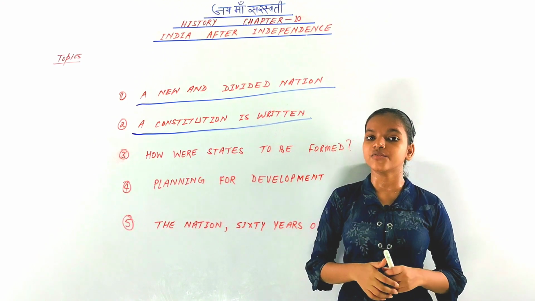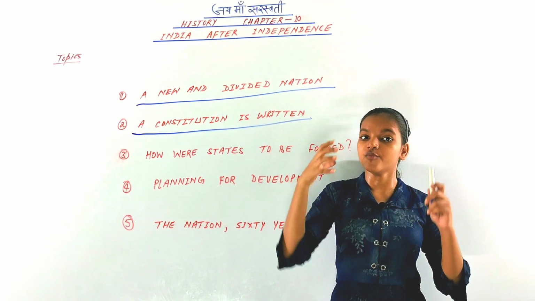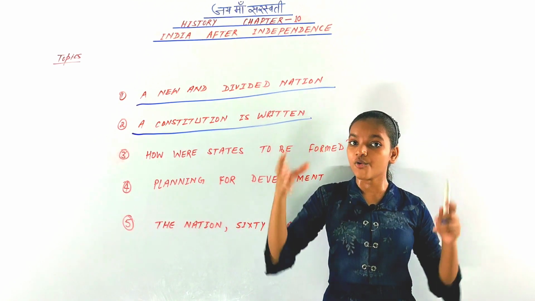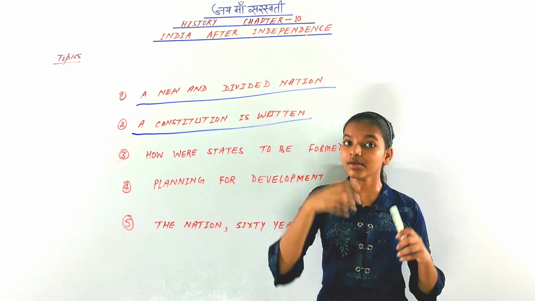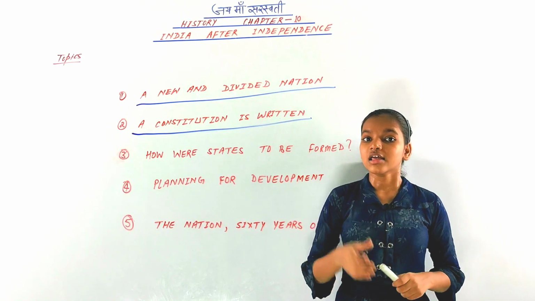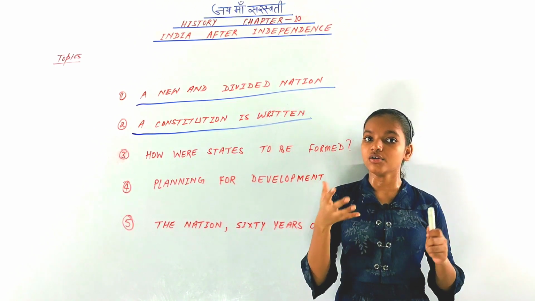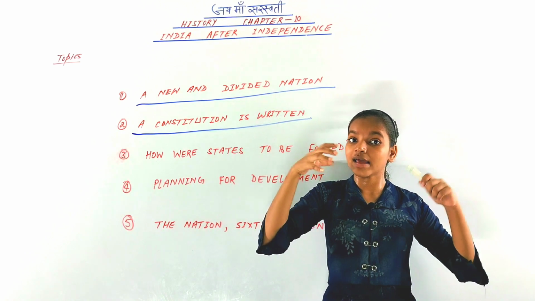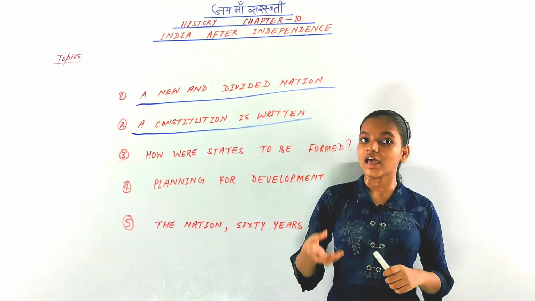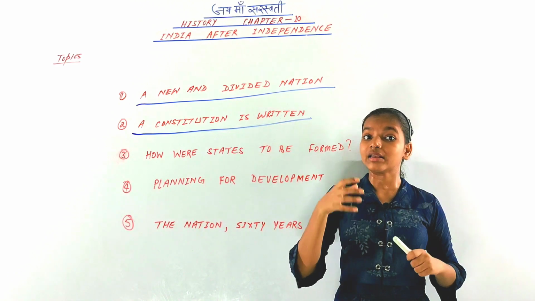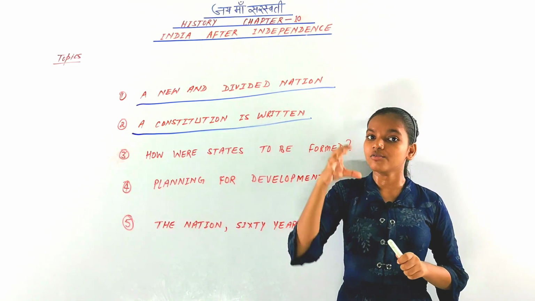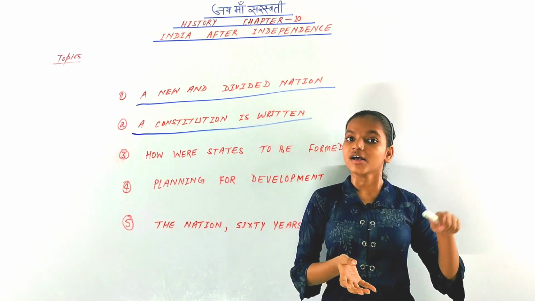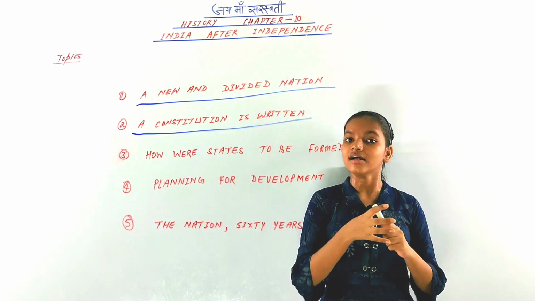In his opinion, India's government should not focus only on political democracy. They should focus on the economy as well as the masses, because giving the right to vote to all people does not mean that inequality doesn't exist. During that time, in society the so-called lower caste people were seen as lower, and the so-called upper caste people were seen as upper.